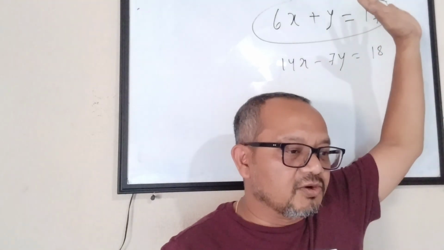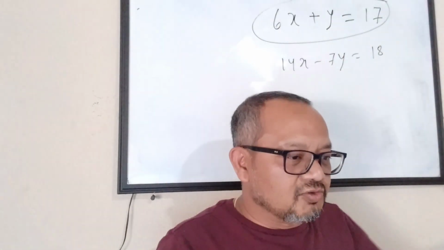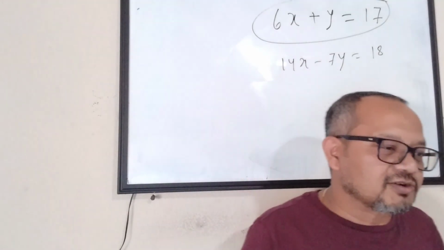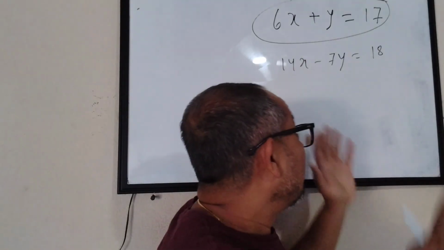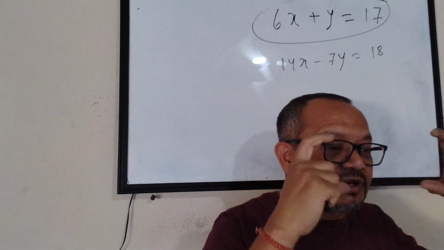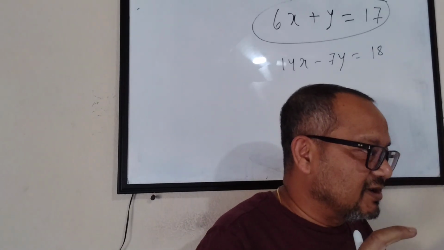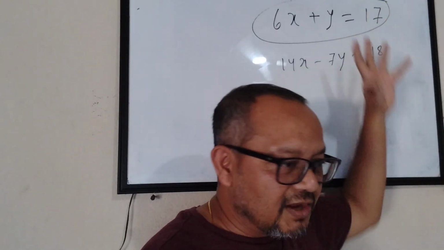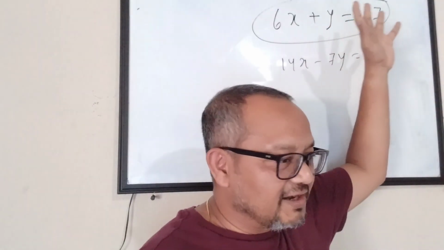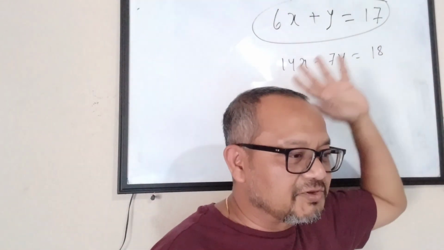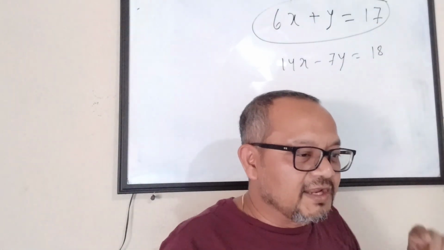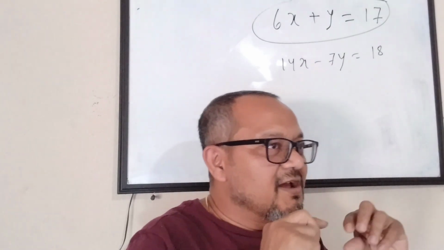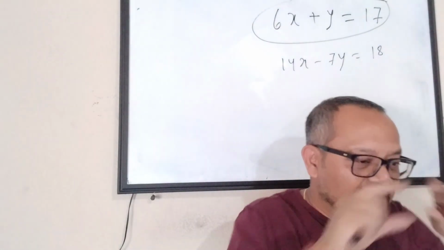My ultimate goal is to use whatever technique, beg, borrow, steal, to finally come to an equation which has only one variable. That is my end goal. Whatever I have, I want to manipulate, do some substitution, elimination techniques to finally bring it to a situation where I have one equation with one variable.